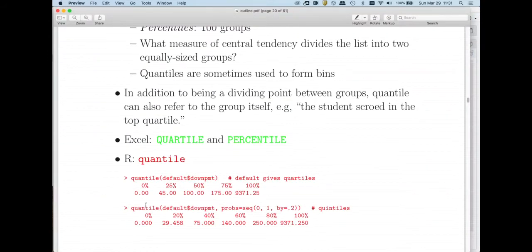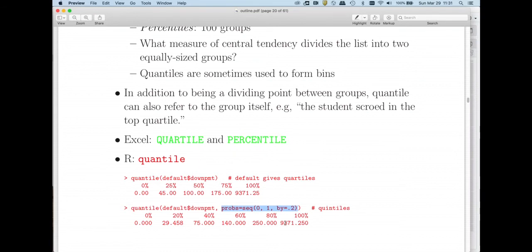What if you don't want quartiles? Maybe I want quintiles. Well, there's an optional argument to the quantile function, which is a set of probabilities. So if I said, give me a sequence of values from 0 to 1 by 0.2, well, now you'll see I have 5 equal size groups instead of 4 equal size groups, as I had before.